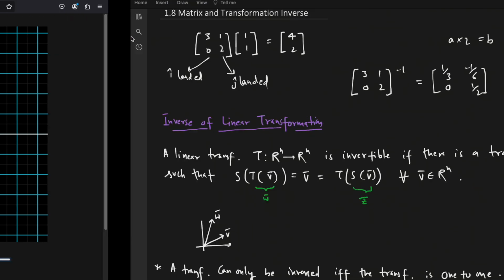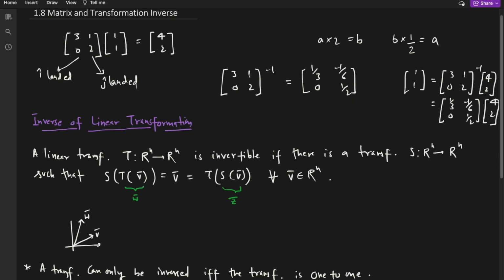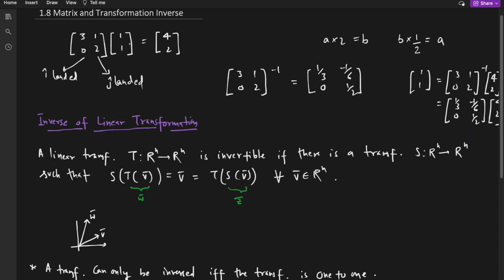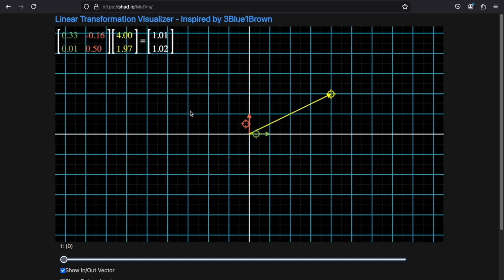We need to inverse transform the vector 4 comma 2, which was the output in the first case. Now it becomes the input, and this is close to 2, 1.97. If you multiply, we get 1 comma 1, which is the original input, right? So indeed the inverse is undoing the effect of the original matrix.